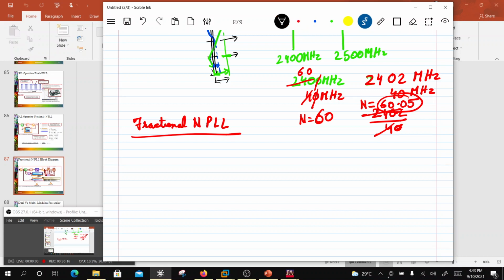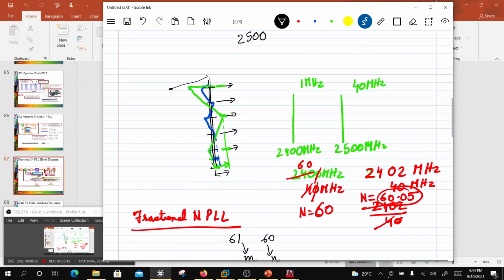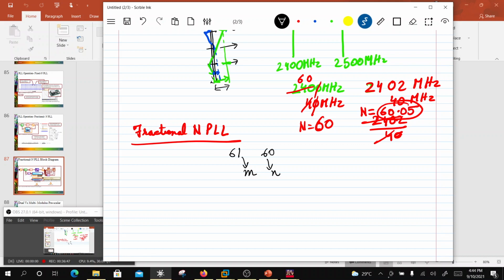It's very simple. Let's say I divide by 61 sometimes. So let's say I divide by 61 m number of times, and n number of times I'm going to divide by 60. So basically I am dividing by 61 m times and 60 n times.